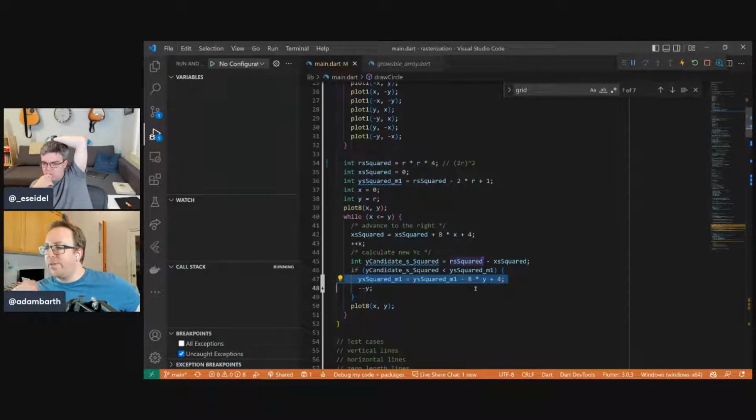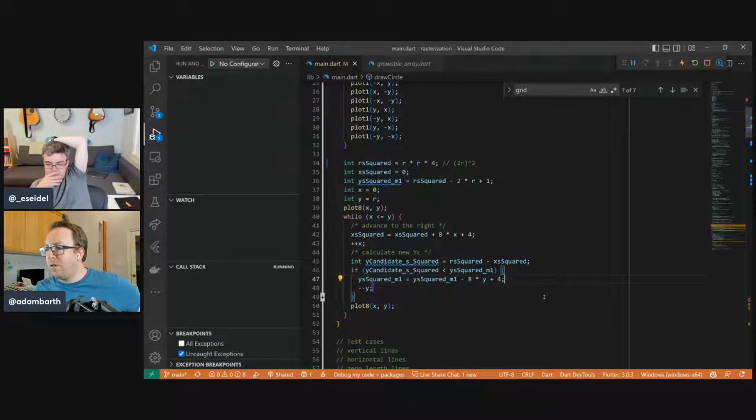So when we advance x and we advance y, we do the same stepping equation. They're mirrored in that this is a minus. We're subtracting 8 times our y plus 4. That makes sense because x is going to the right and y is going down in our normal.